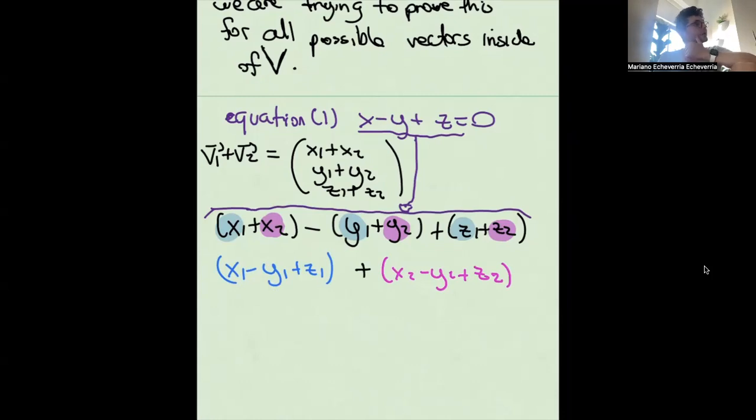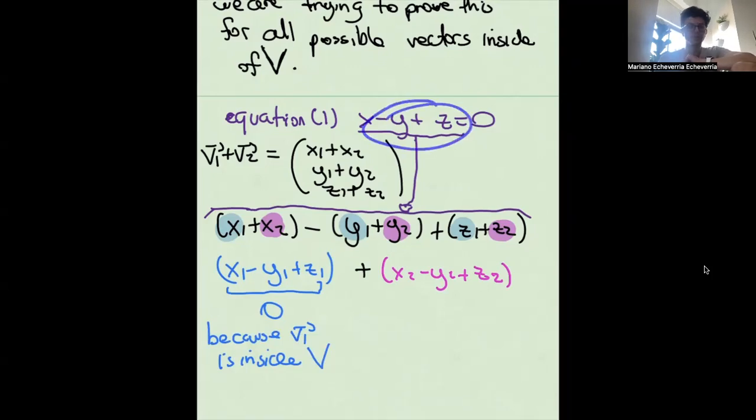So x1 minus y1 plus z1 is actually 0. And this is 0 because V1 belongs to V, right? So this one is 0 because V1 is inside V. The condition for V1 to be inside V is that it satisfies a version of this equation for its entries, as in its entries were x1, y1, and z1.